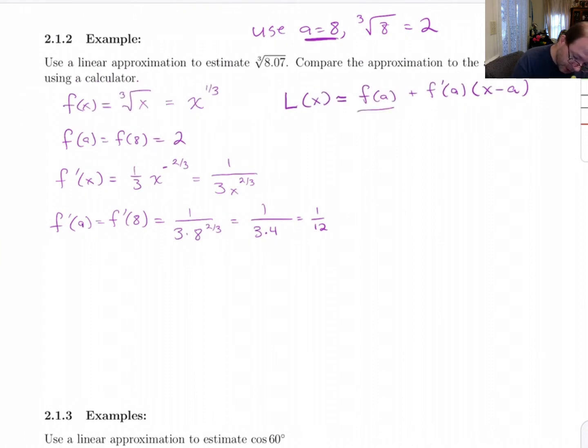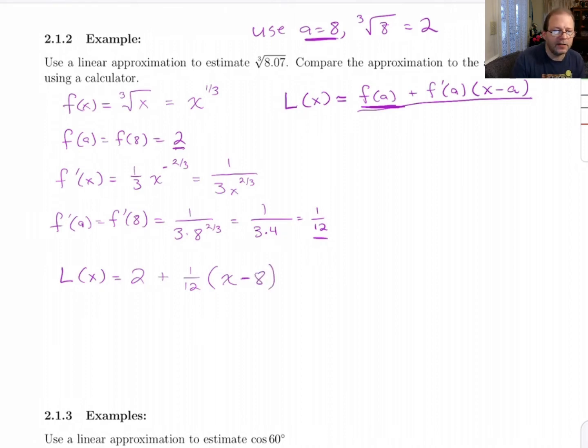So now if I just plug into here, I get my linearization is f of a plus f prime of a times x minus a. So I get that, and let's write it out. Let's put it into y equals mx plus b form.